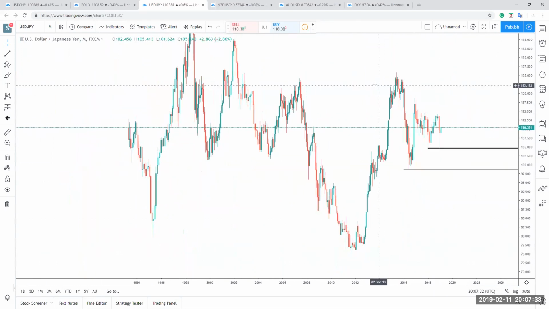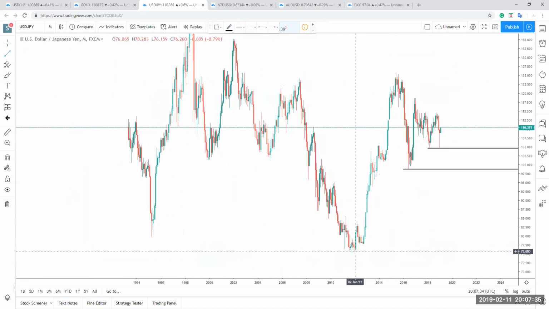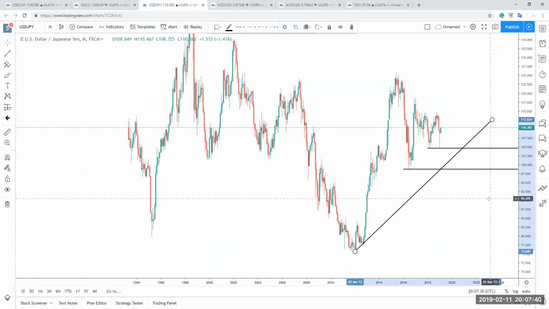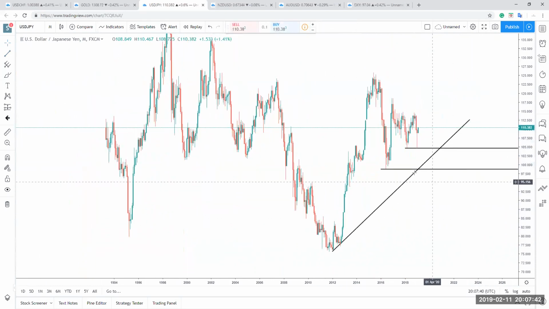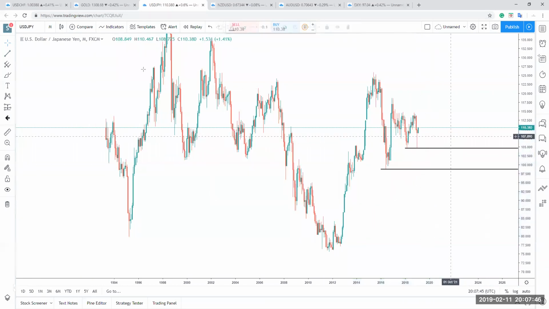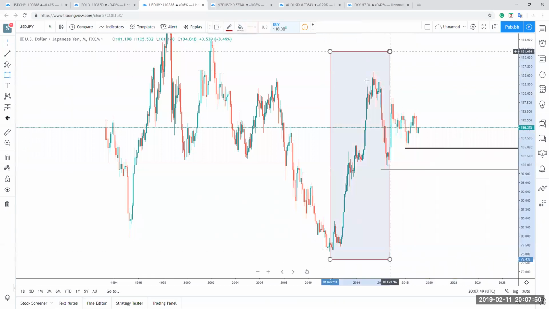So far we are still bullish. We still have to be bullish because we have nothing telling us that we're fully bearish yet. This move here is the move that's telling us bullish.